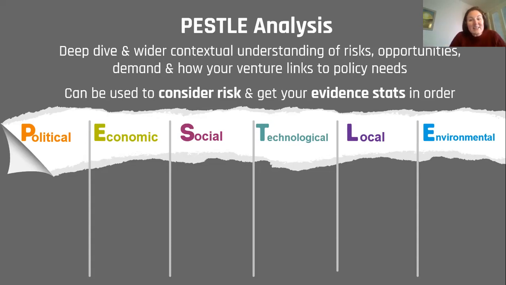And it's giving yourself that horizon gazing opportunity to think, whilst I might think I want to run it like this, or I'm solving a need this way, and this way might work for now, what risks and what wider evidence is there out there that tells me that I might need to shift what I'm doing, or that I'm in the right place with what I'm doing.